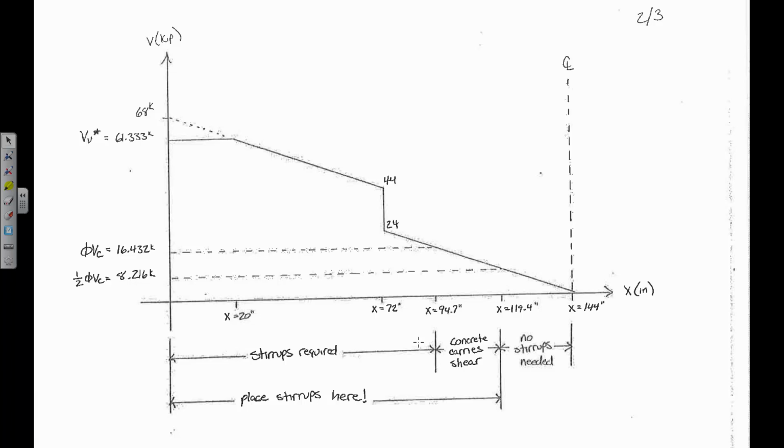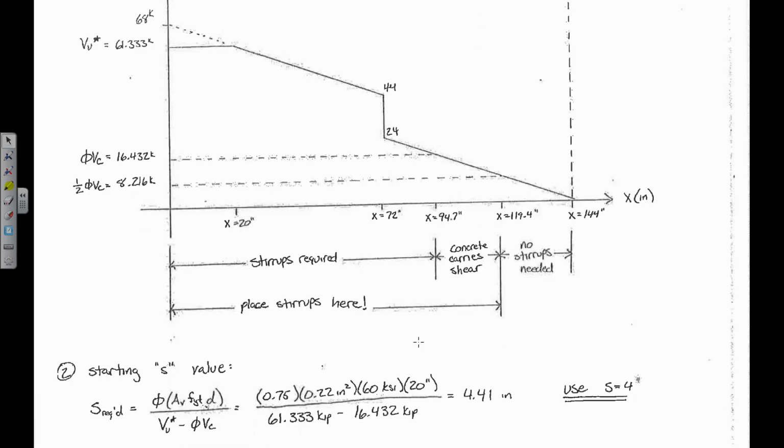So we've got our shear diagram constructed, and so how do shear stirrup layouts work? Well, remember, up until now we've been placing our first stirrup at 2 inches, and then we start placing stirrups, let's say, at 4 inches until we stop needing it. So here's what I'm going to do. I'm going to start off by determining the starting S value at VU star.